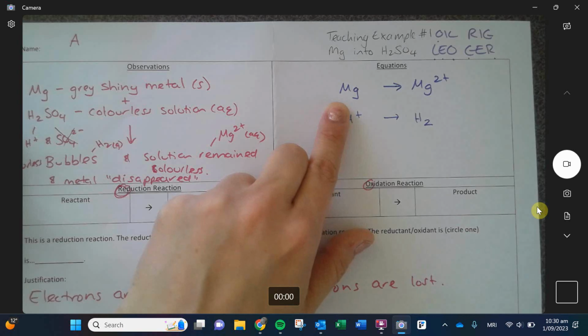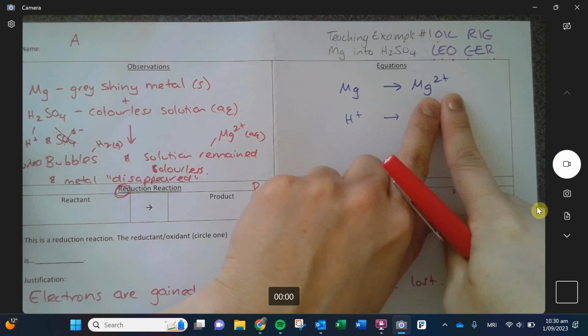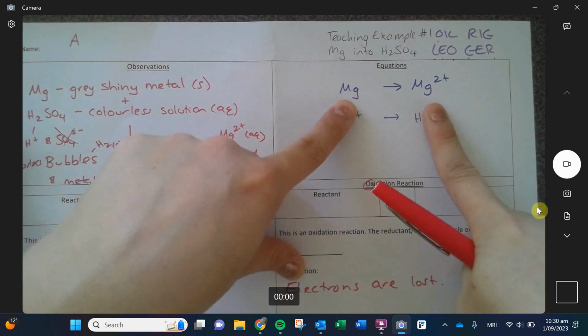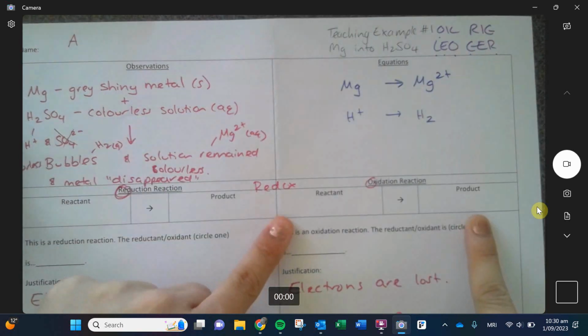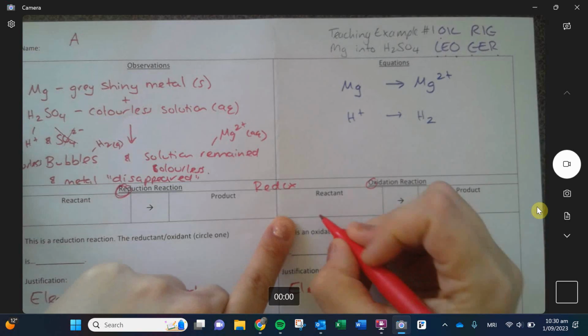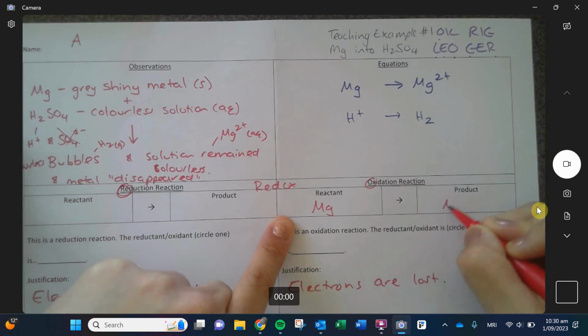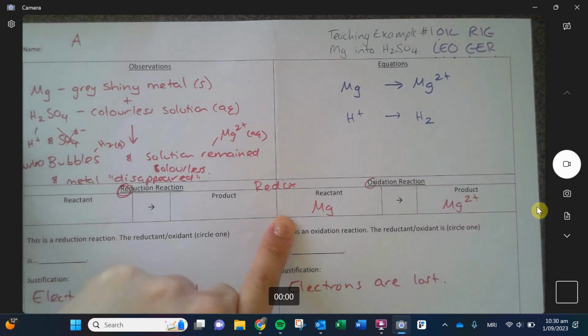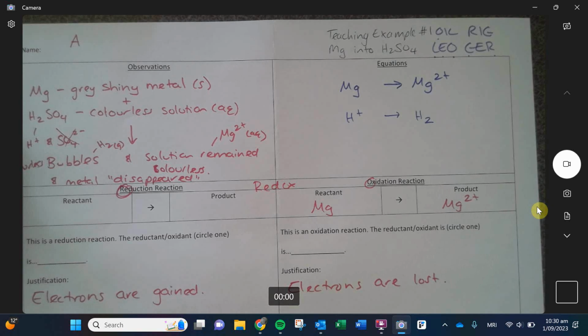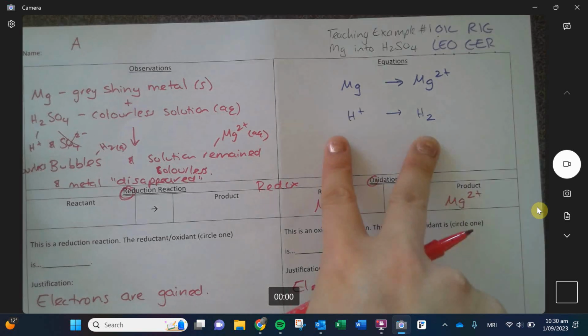Lose to go down a shell. And that's what we see with the 2+. So since this guy has lost electrons, this one is my oxidation reaction. So I go Mg to Mg 2+. And then this means this is my reduction reaction.